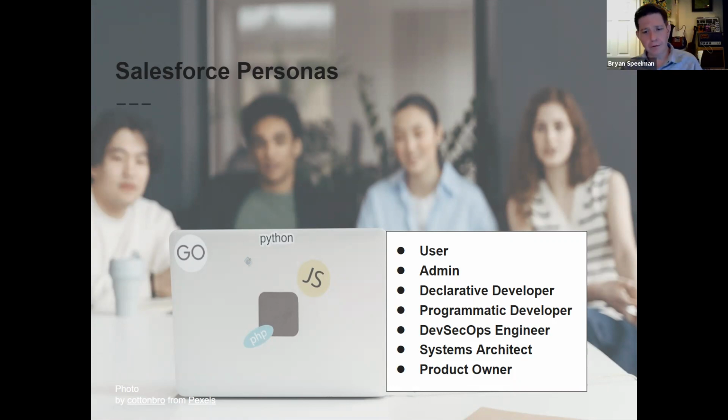While users, admins, and product owners are all familiar, one thing I want to focus in on here is declarative developers and programmatic developers. And understanding that these two personas are going to have their own ramp up and spin up demands.